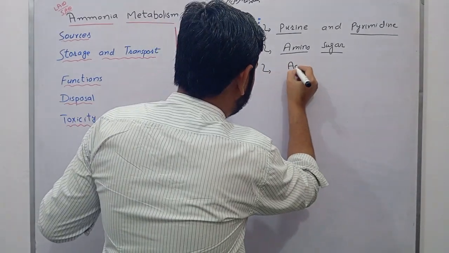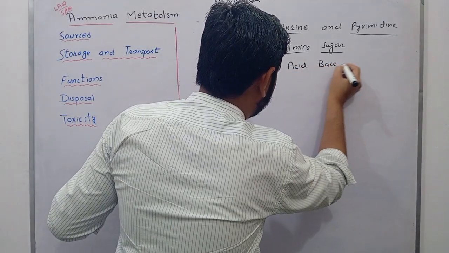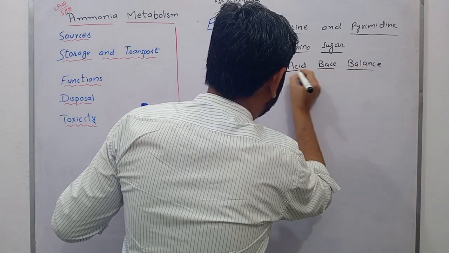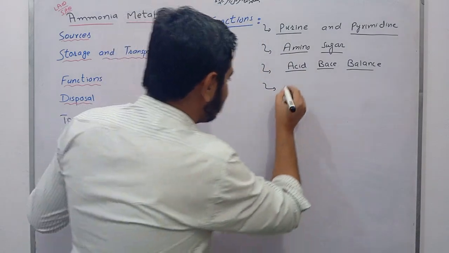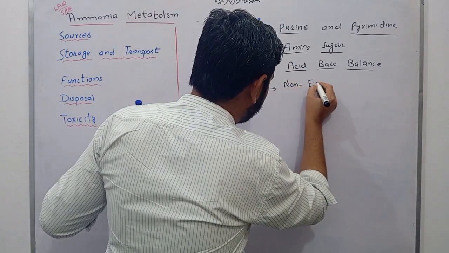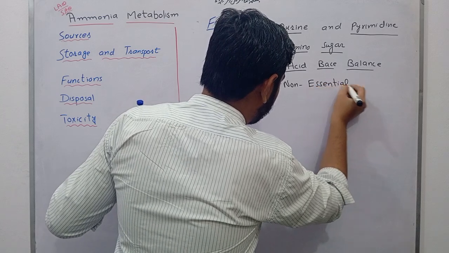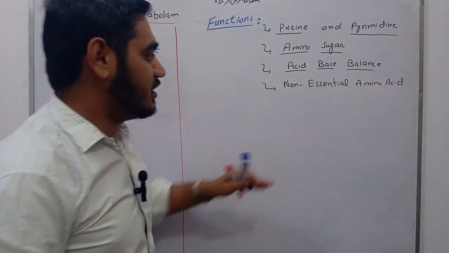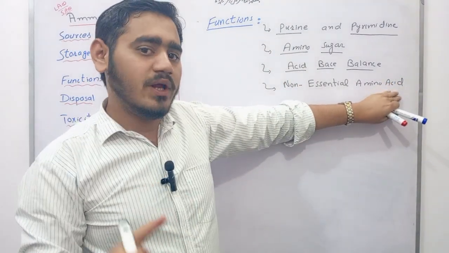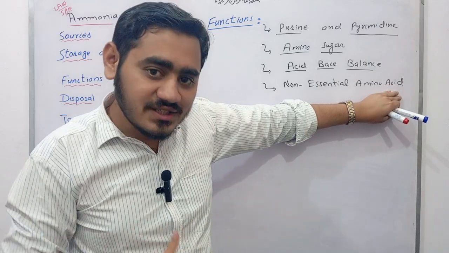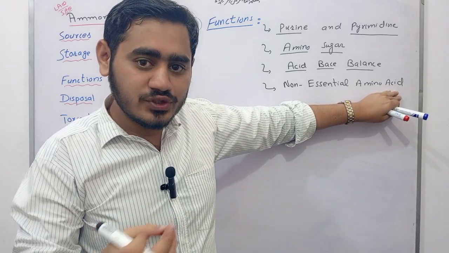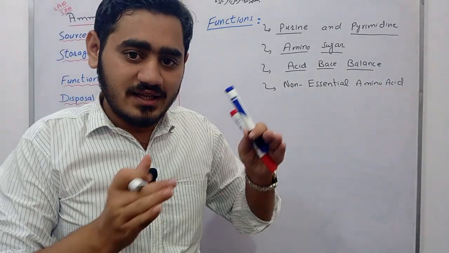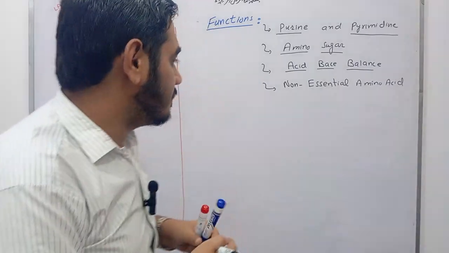In acid-base balance, this ammonia is very important. And in the synthesis of non-essential amino acids: the amino acids that are synthesized in our body are called non-essential amino acids, while amino acids that are not synthesized in the human body but need to be supplied in our diet are called essential amino acids.